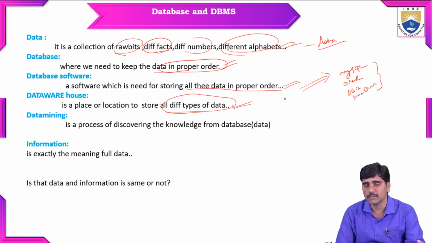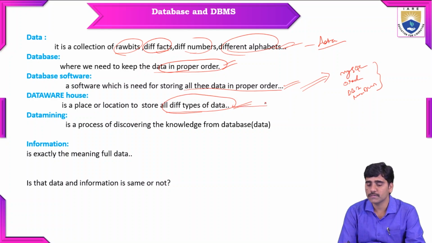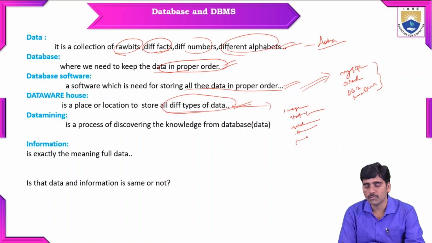Different types of data are, for example, images, text files, videos, audio, and PDFs. All such types of data are placed or stored at a particular place. That is nothing but the data warehouse. It keeps all the different types of data.